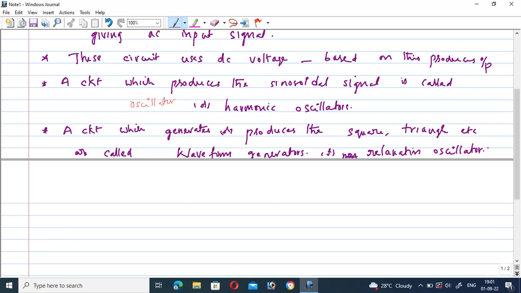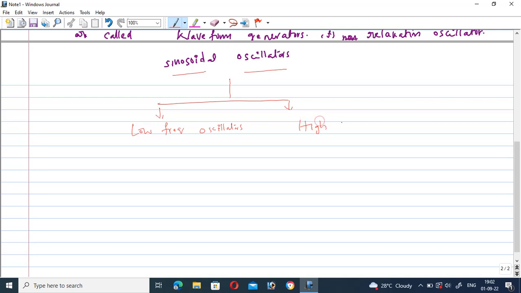Now, if we see the types, sinusoidal oscillators can be classified into two classifications: low frequency oscillators and high frequency oscillators.